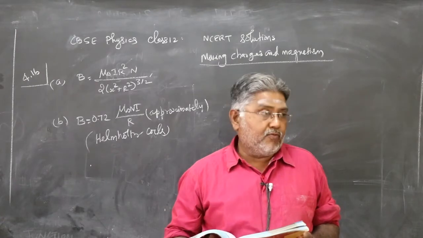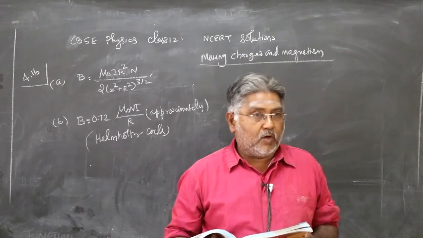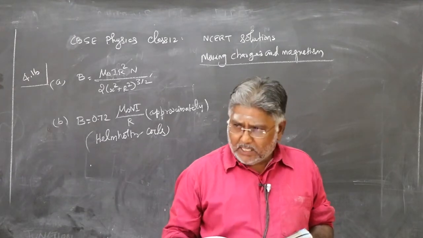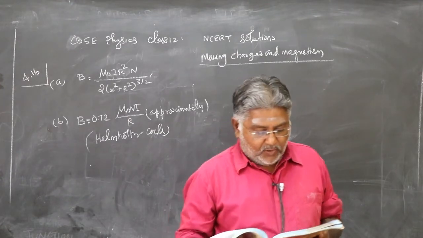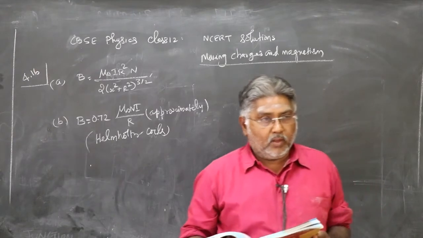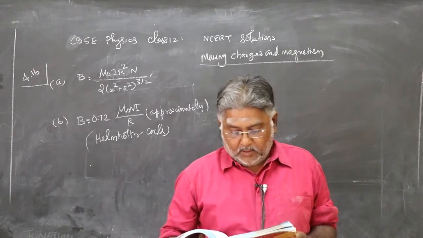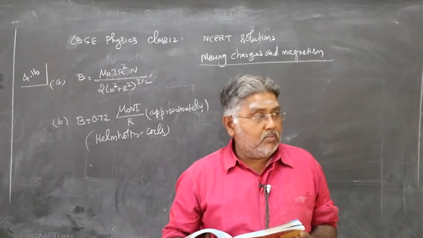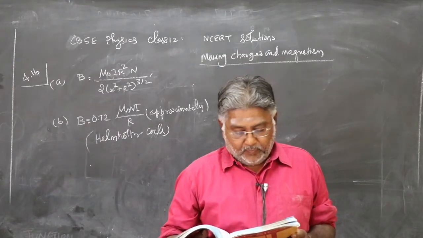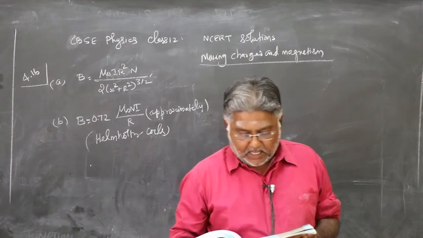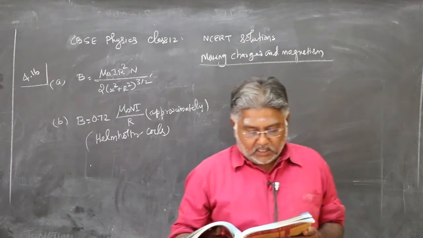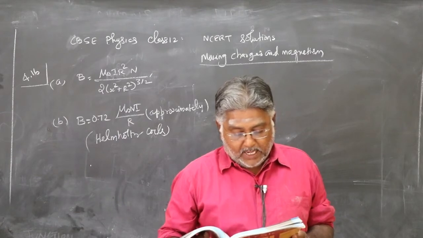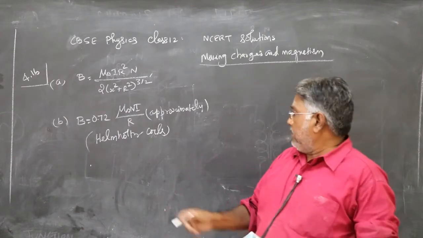So the radius of each coil is also r, and the distance of separation between the centers is also r, as per this question. Show that the field on the axis around the midpoint between the coils is uniform over a distance that is small as compared to capital R and is given by B is equal to 0.72 mu naught Ni by R approximately.